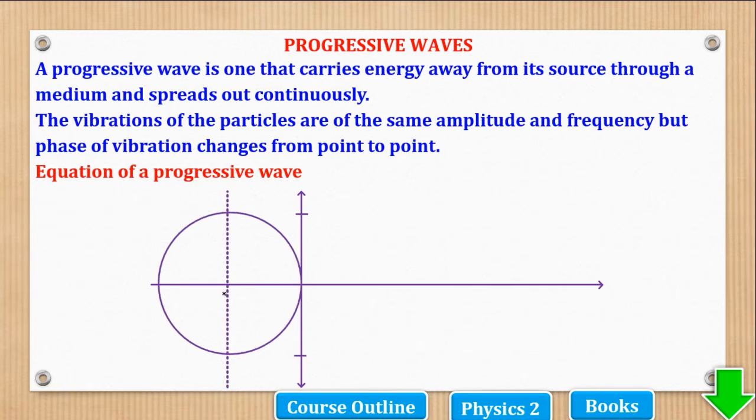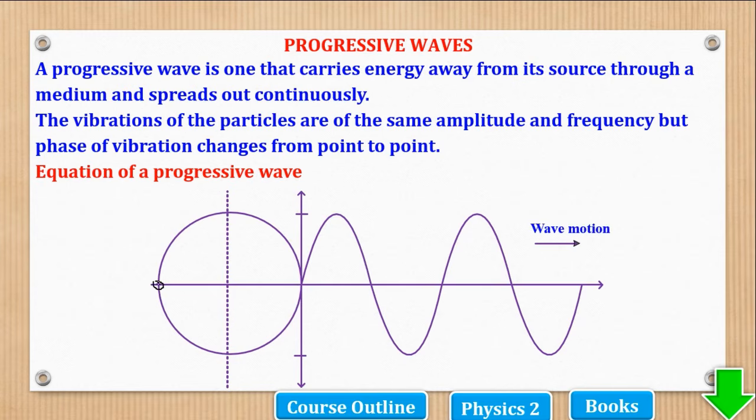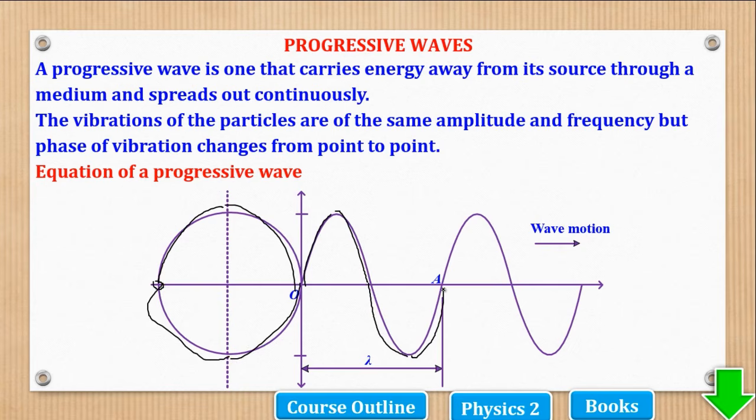This circle helps you to get the motion of the wave. If it starts from here and goes in this direction, it will be represented graphically in that form. From here up to here is this motion, then from here up to here is this motion, and so on.